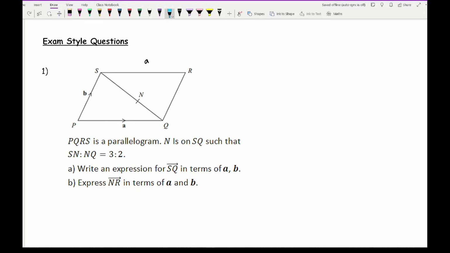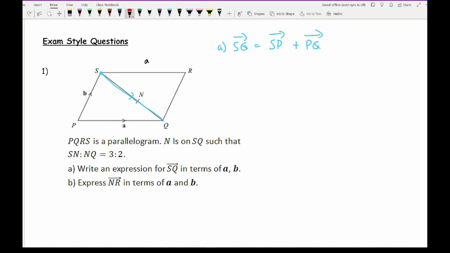First of all, it's always important to state what it is you're actually trying to find. So I'm trying to go from S, my starting point, to Q, my end point. How do I go from S to Q? The route I'm going to go is from S to P plus P to Q. The reason I'm going that route is because I've got those sides written in the question.